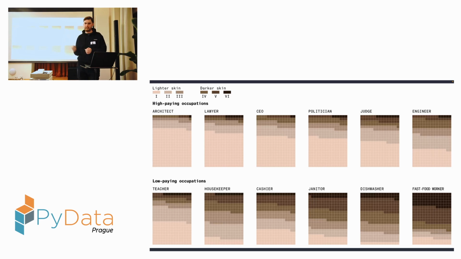The skin colors are on the same scale that is used by dermatologists. You can notice that, for example, for architects, it's mostly going to make them very light in skin, and for fast food workers, I'm not sure if you can see it. So there's a lot of bias, and the reason for that is obviously that the data set is biased, so the model is going to be biased.